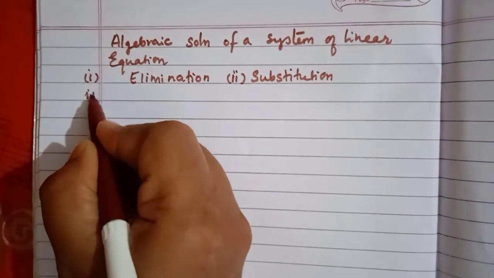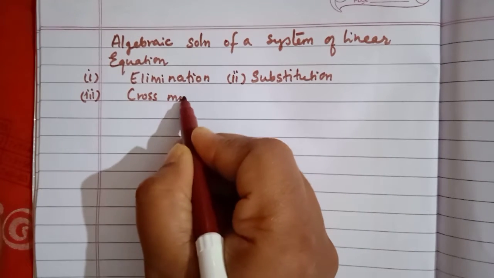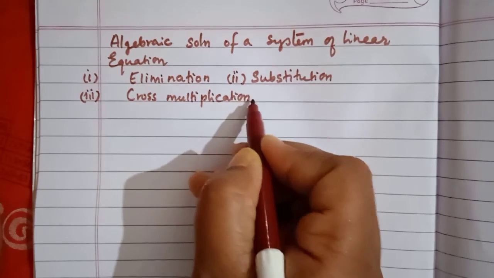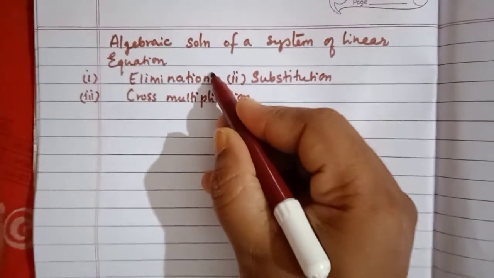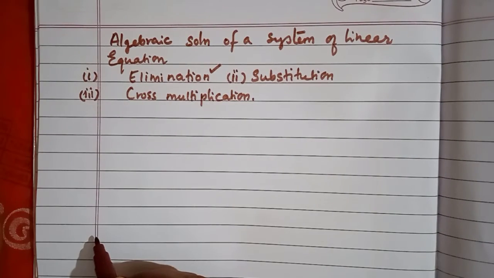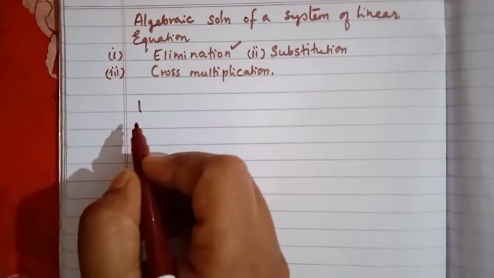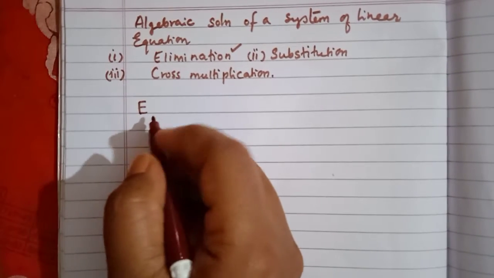And the third is by cross multiplication method. So today we are going to learn about the first type, that is by elimination method. We are going to start with elimination method.